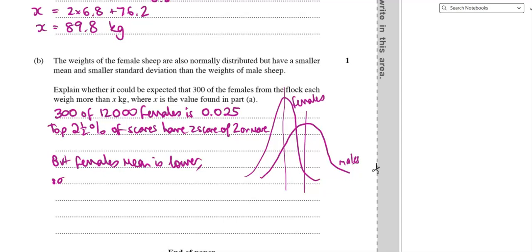So the location of the females' z-score is lower. The mean is lower and the standard deviation is lower. So the females have a lower, tighter, i.e. less spread out, distribution.